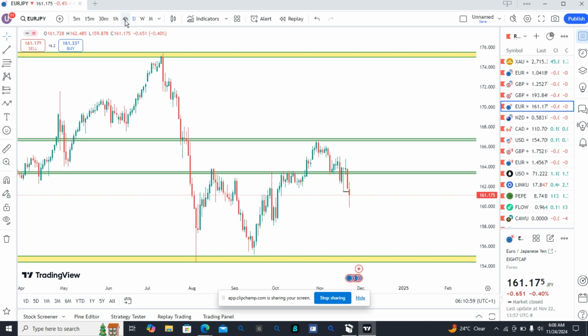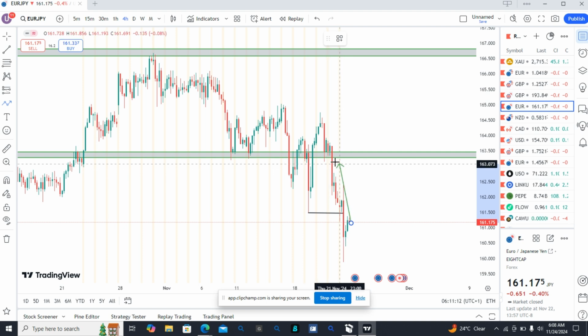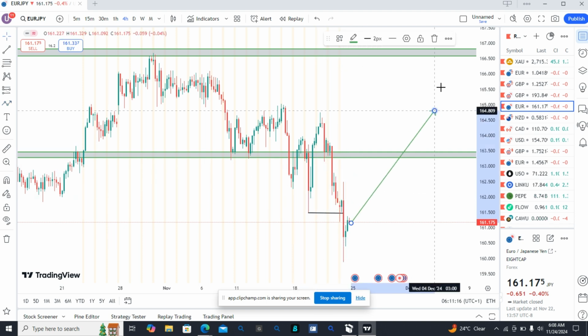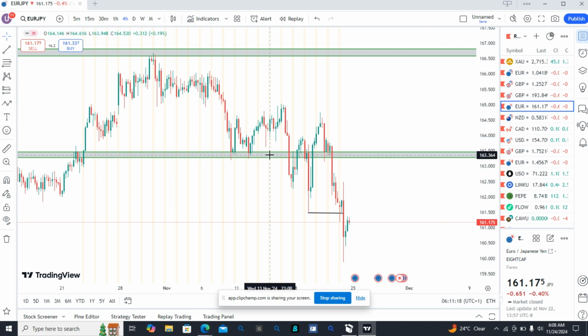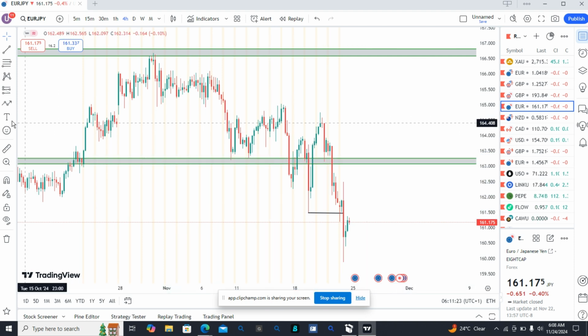So on a 4 hour time frame, our entry will be like this. Let price move down to this zone. You see this zone? There's a gap here. We'll start monitoring this price from that gap.